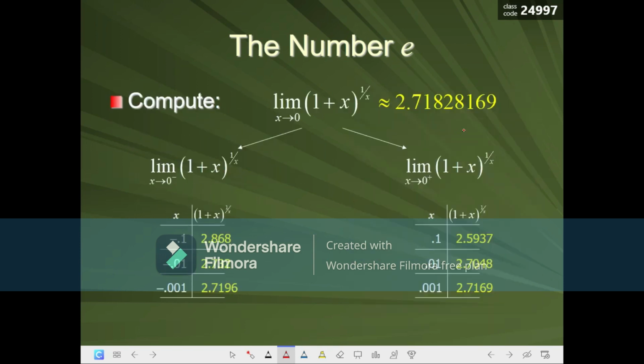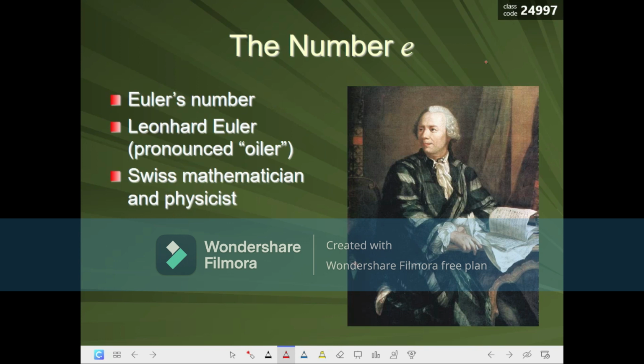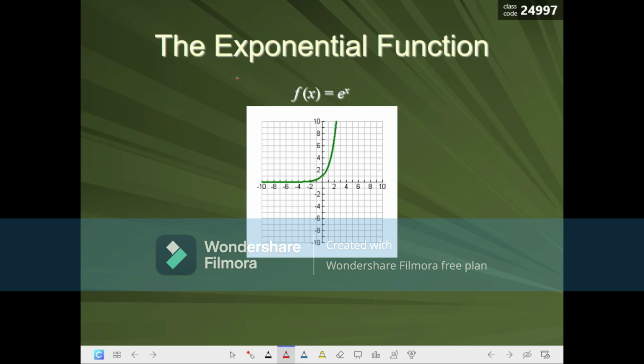That's why we got this approximation. So the number e is Euler's number, from Leonhard Euler, a Swiss mathematician and physicist. The exponential function f of x equals e to the power of x is graphed like this one.